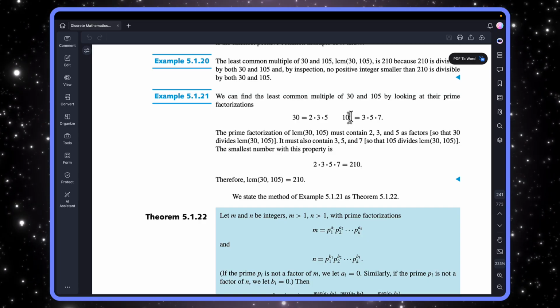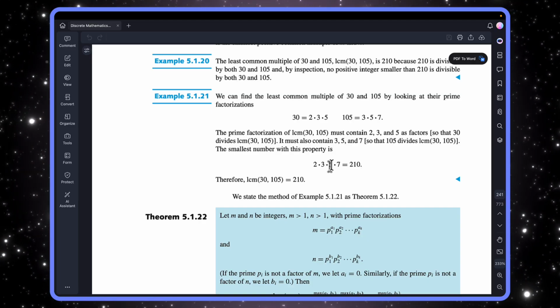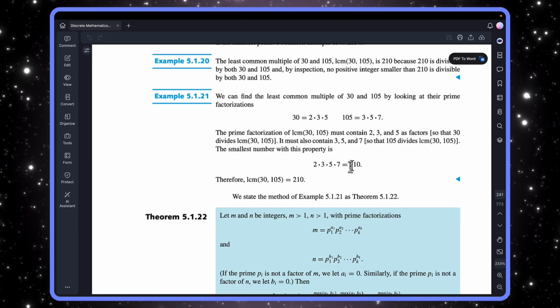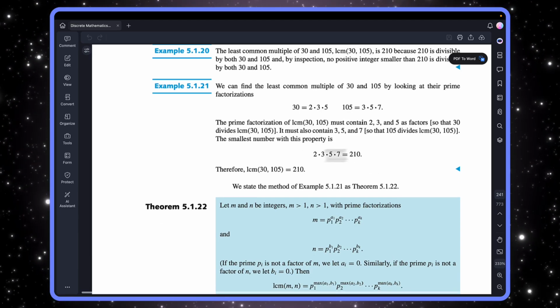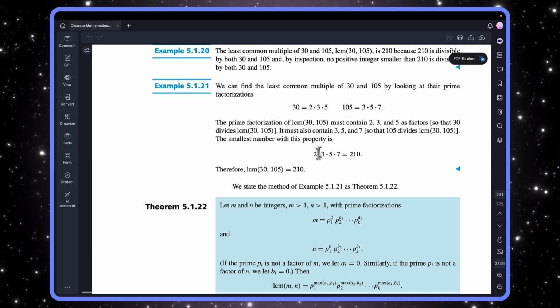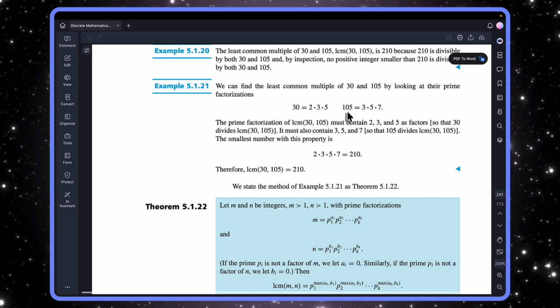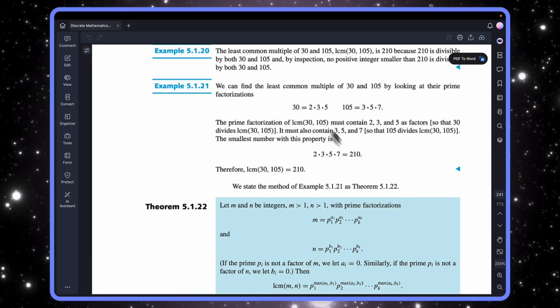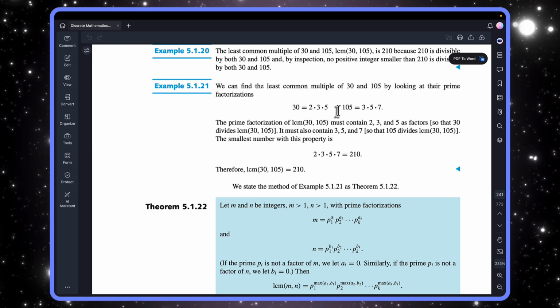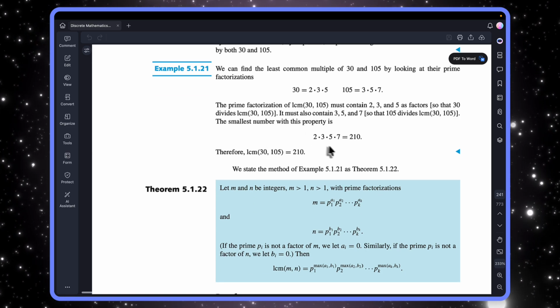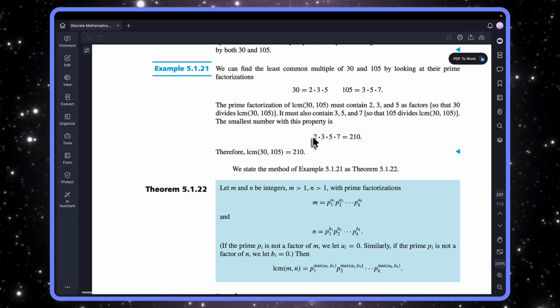And 105 is 3 times 5 times 7, so 105 divides 210 also. If you remove any of those prime numbers, 2, 3, 5, or 7, you would lose the divisibility by either 30 or 105. Therefore, the least common multiple is the expression you're looking at right here.